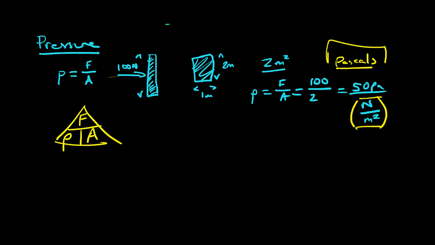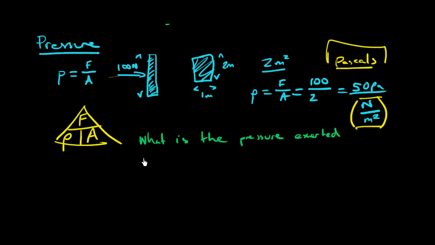So let's do an example question, which is always the best way to understand something. So a question could say, what is the pressure? The word that they always use with pressure is this one, exerted or applied.